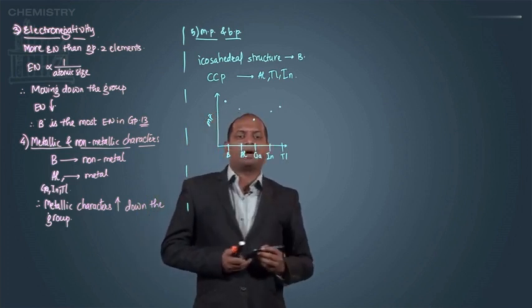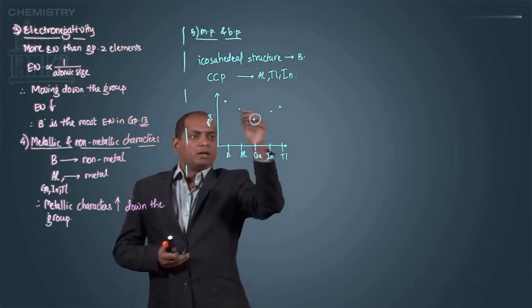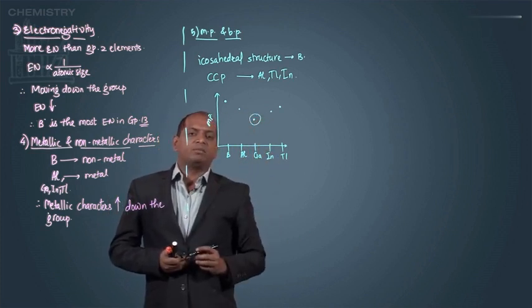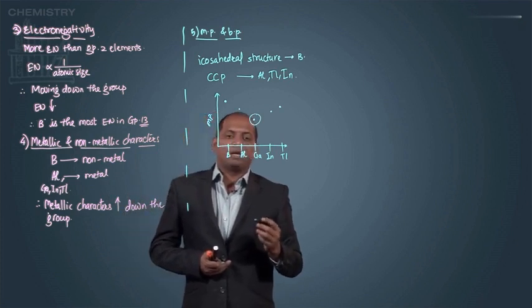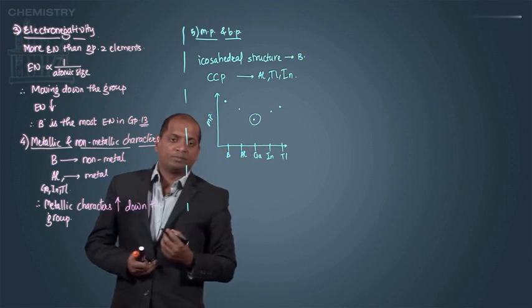So why is this so? The melting point of gallium is expected to be greater than that of aluminium.